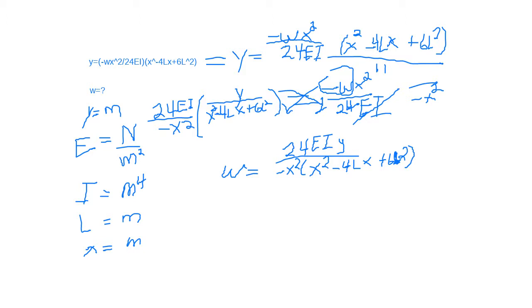We have all of these units over here, right? So we should plug all of our units in. When we plug all of our units in, what do we get W to equal? We've got 24. We plug in the units for the E, which would be newtons per meter squared. I, meters to the fourth.